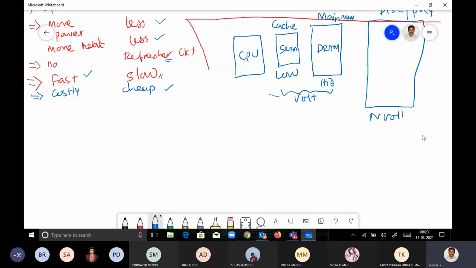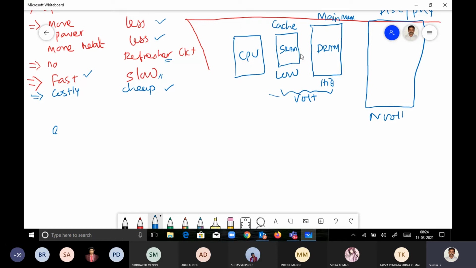Right? Now let us understand one thing. The CPU is looking for something, the processor needs something. If that something is available in the static RAM, what is the benefit? Or if that item is available in dynamic RAM, what's the benefit?